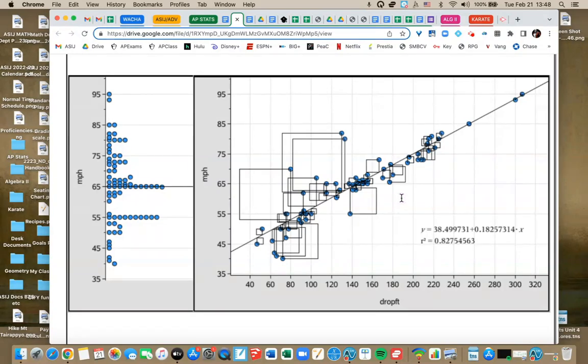I don't know, right? How many people are riding it, how heavy the machinery is. All these things kind of could play a role in how fast it goes. So this remaining variation is still there because of all those other factors. 83% of your variation's been removed by the drop in feet alone. Okay.